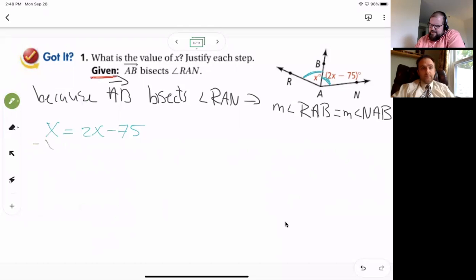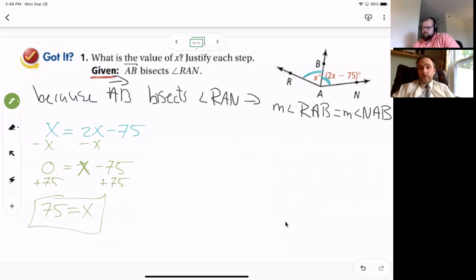We know we can minus x from both sides. And that's going to give us 0 is equal to 1x. I'm about to write 2x again, minus 75. I'm going to add 75 to the other side. And 75 is equal to x. Love it.